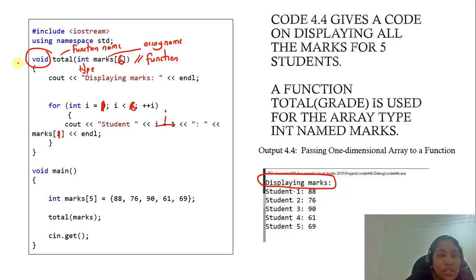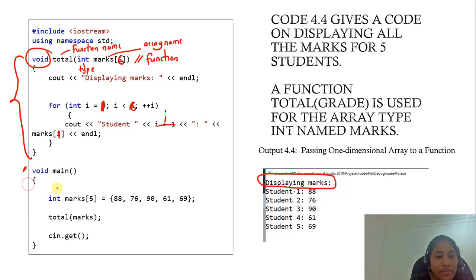Here is the part where the function total is used for the array type marks. It will recall it, and then end the loop when i is 2, mark 3, mark 4, up to 5, less than 6, and then it will end, returning void to the void main function here.